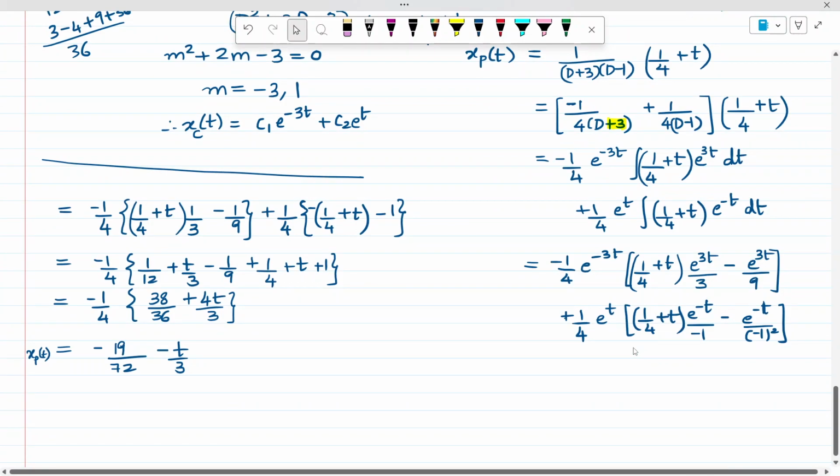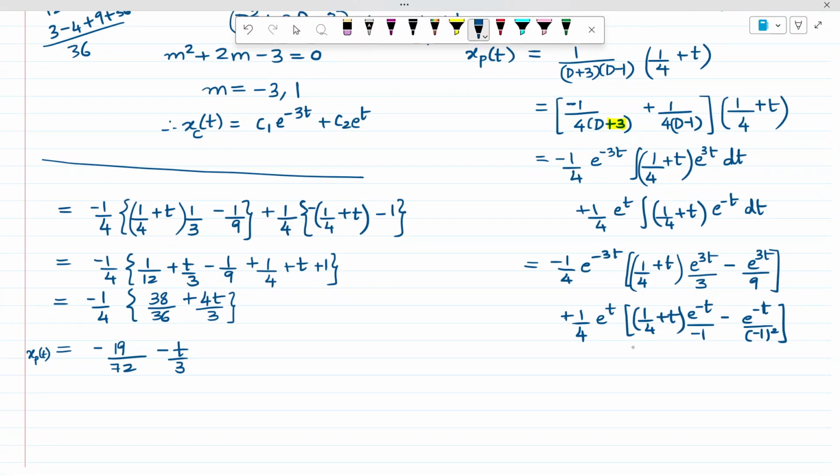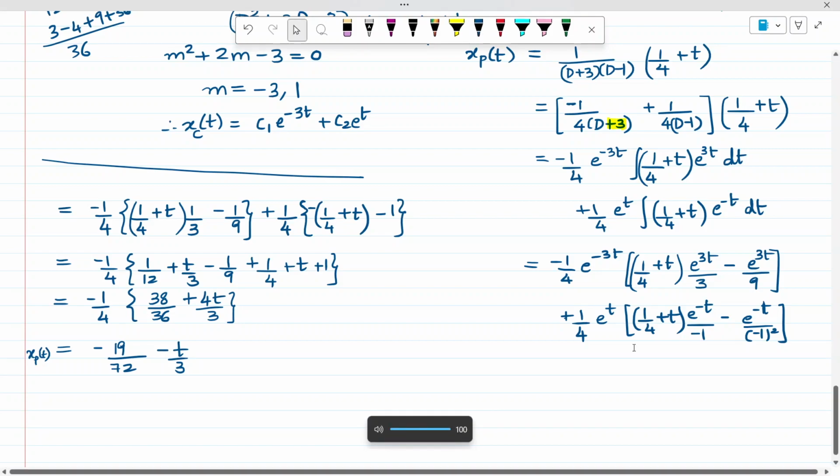Okay, let me just check this fraction part. You can check it using your scientific calculator, which is allowed during the exam. Is there any specific scientific calculator that we are allowed, or can we use any scientific calculator?